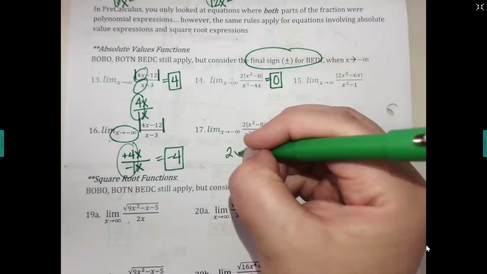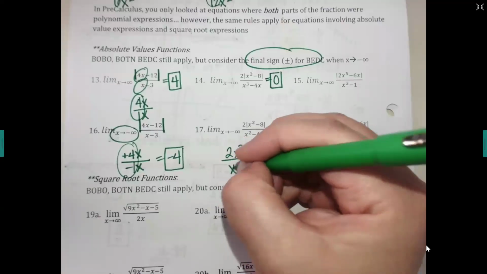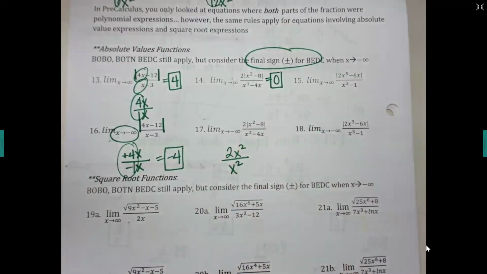Let's investigate. Okay, first thing I'm going to write down is 2x squared over x squared, because that's the biggest top versus the biggest bottom. We're taking a negative infinity to the top. What are the bars going to do? Okay, they're going to turn it positive, correct?